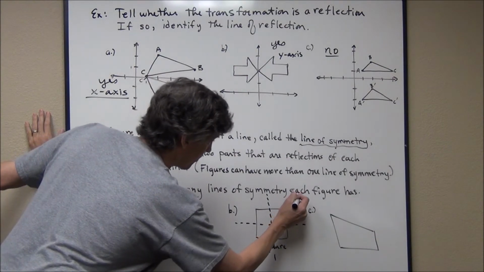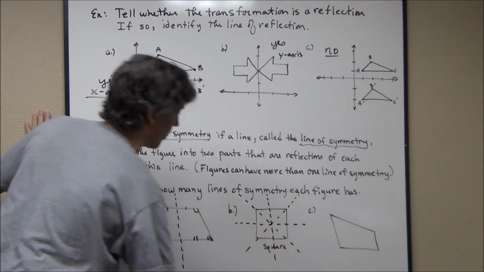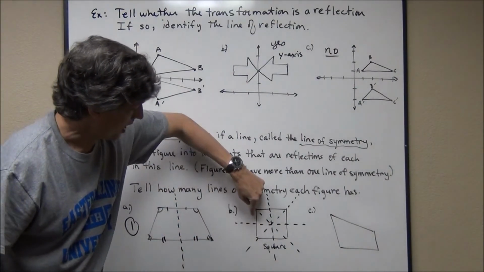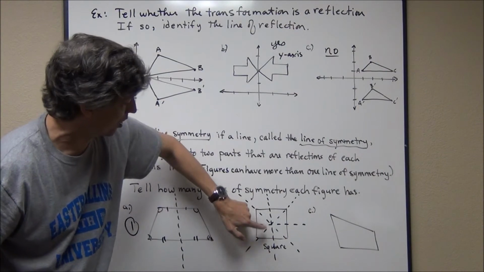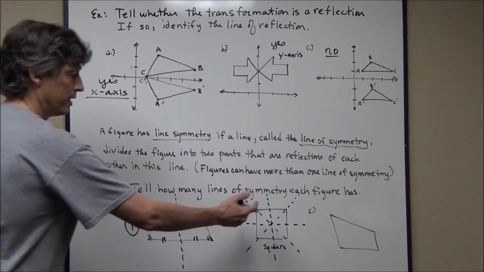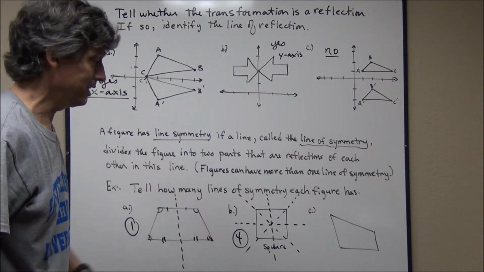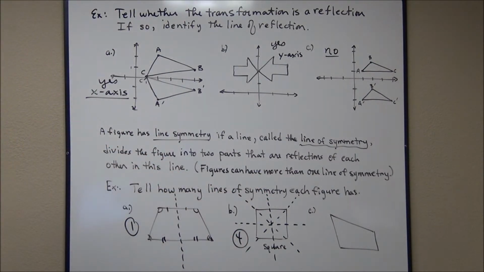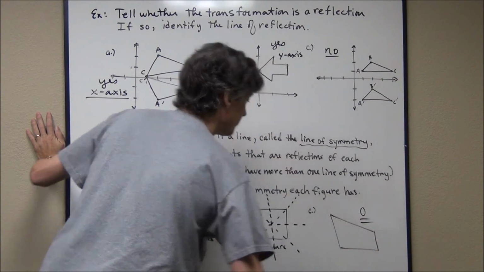But I could also put one that contains the diagonal this way and contains the diagonal this way. If you look at this diagonal being my line of symmetry, you can see that this triangle is reflected over here, and I have symmetry, and I have 4 lines of symmetry. My last example, no matter where I try to place it, I am not going to be able to draw a line of symmetry here, so this one has 0.